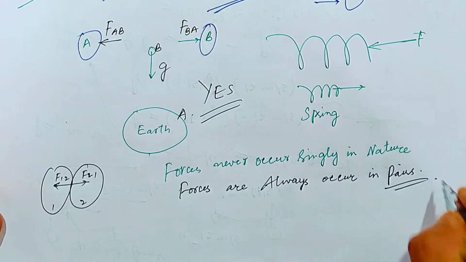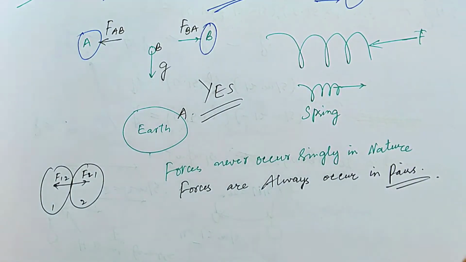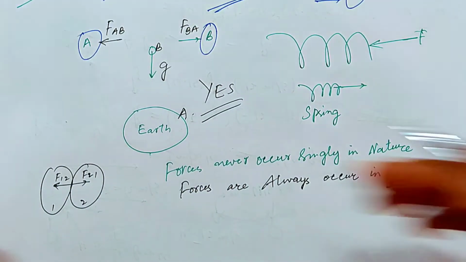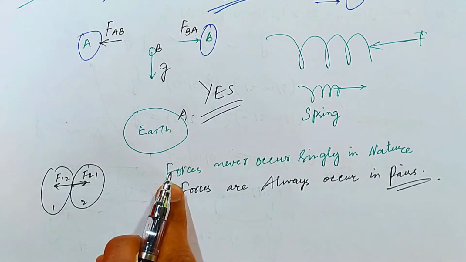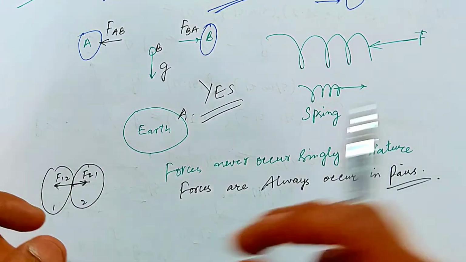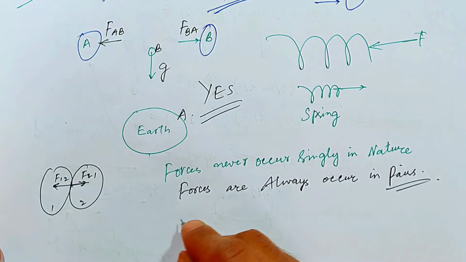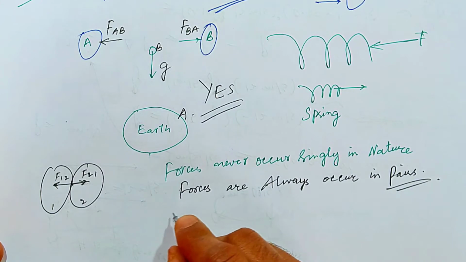And another thing he said is that it's not only in pairs, but there is a generation of an equal amount of force in the opposite direction. If this force is applied onto this in this direction, then the same force will be exerted back, but in the opposite direction. So there are mutual forces between the two bodies.